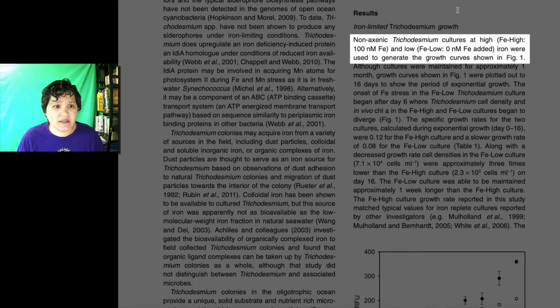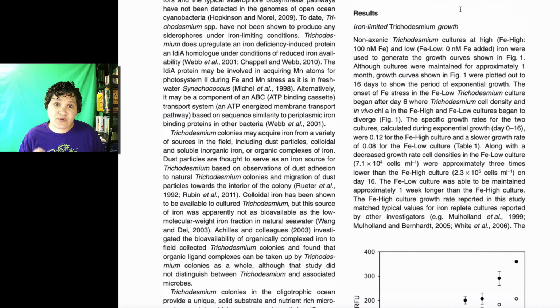There is one sentence. Non-axenic Trichodesmium cultures at high and low iron were used to generate the growth curves shown in figure 1. That's a brief rehash of what they said when they talked about how they grew things under low and high iron concentrations in the method section, which you can go back and look for.